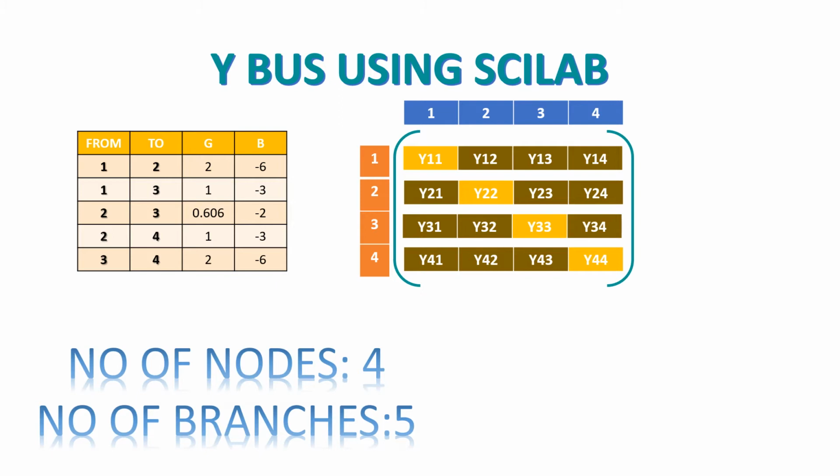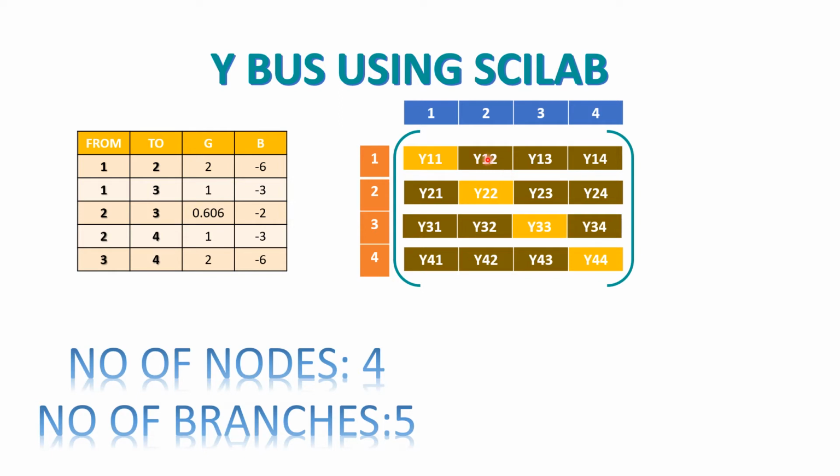So we can see here I have taken one matrix which has the number of rows as 4 and number of columns as 4, since the number of nodes in the network is 4. Now between 1 and 1 there is some admittance called Y11. Similarly, Y22, Y33 and Y44 are the admittances of each node.